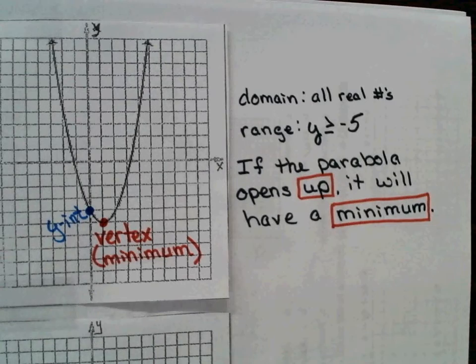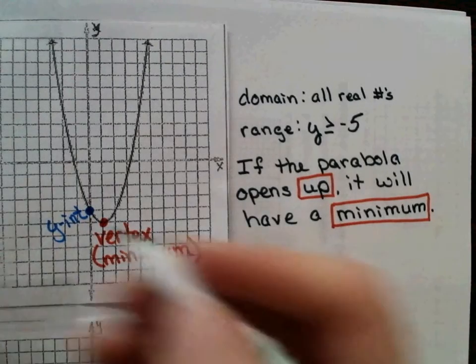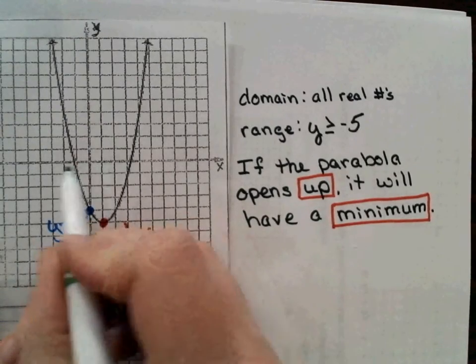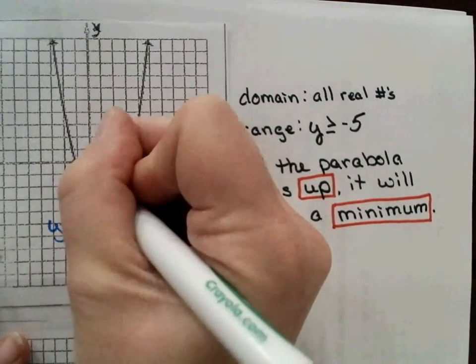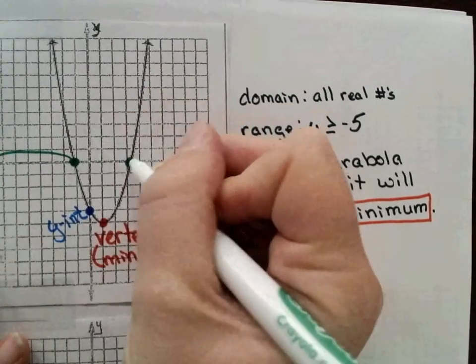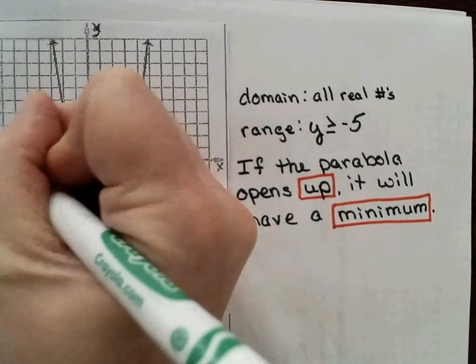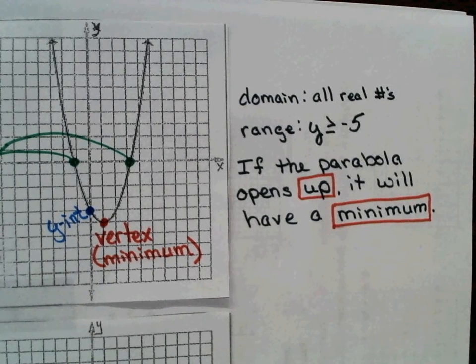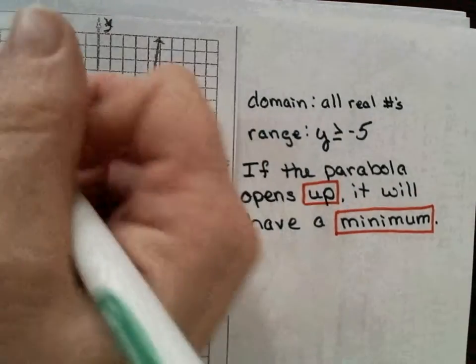Okay, now, if we look on your x-axis, how many times does your parabola cross your x-axis? Twice. So I'm going to highlight those. Any idea what those would be called if they cross your x-axis? Yep, that's a good one. It's an x-intercept.